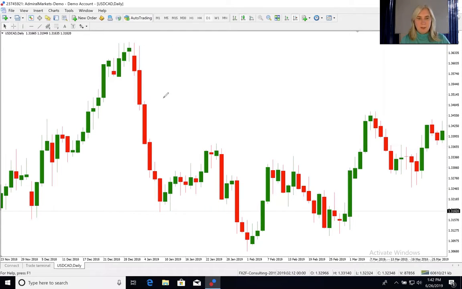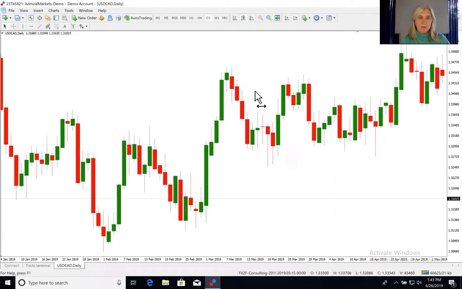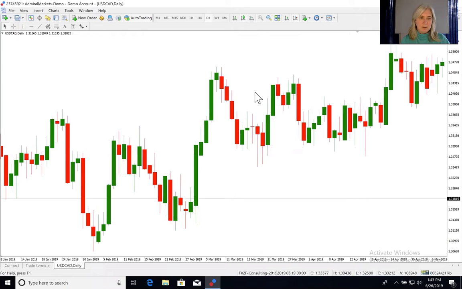Okay, so we have a bullish engulfing setup here. So we have a smaller candle and one that engulfs that candle in the upward direction. So this one would be called a bullish engulfing pattern. So looking further on the chart, okay, there's one over here.